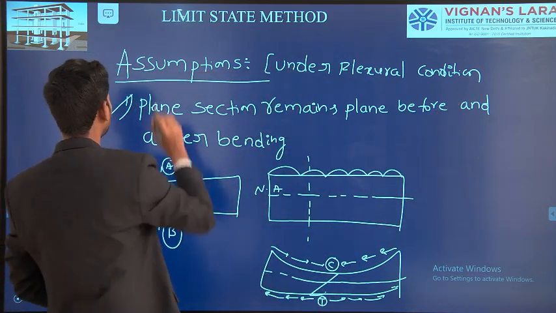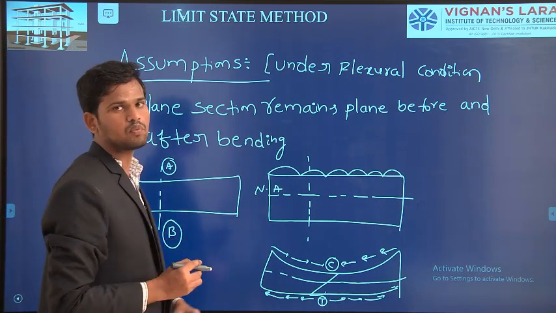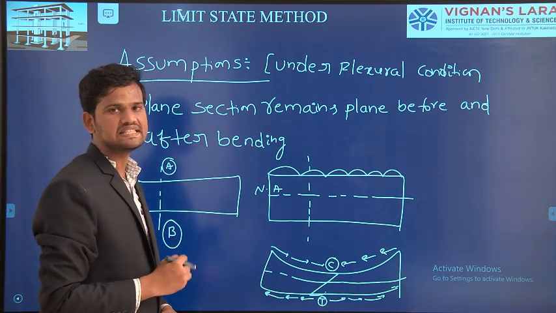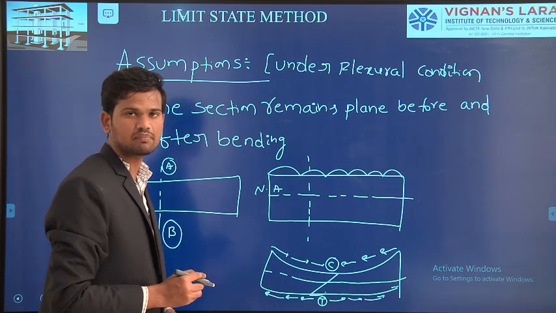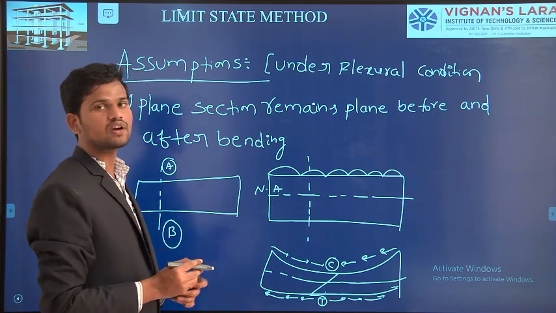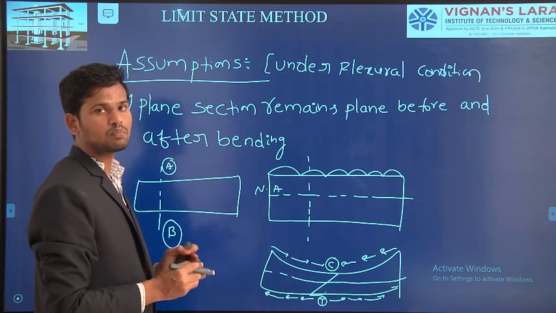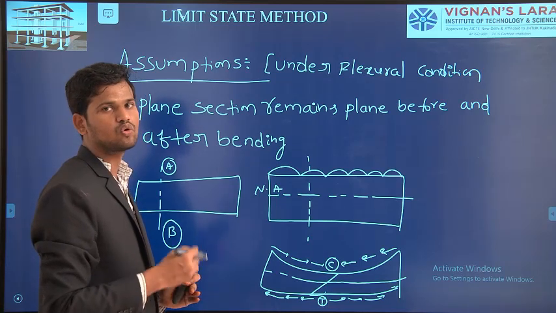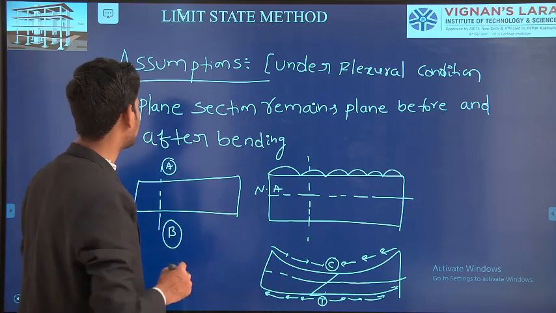We are going to know deeply about the limit state method of collapse. We will see some of the assumptions given by the IS 456 code book. In this code book there are different types of assumptions. First we will discuss them one by one, later we will go into the design of the structural members.